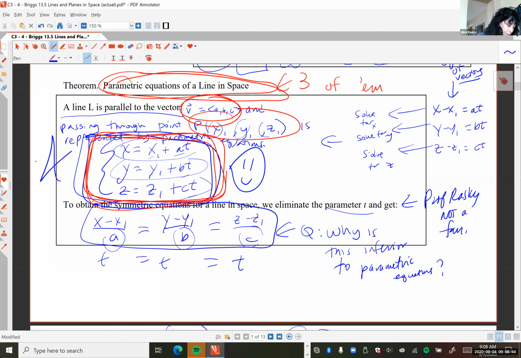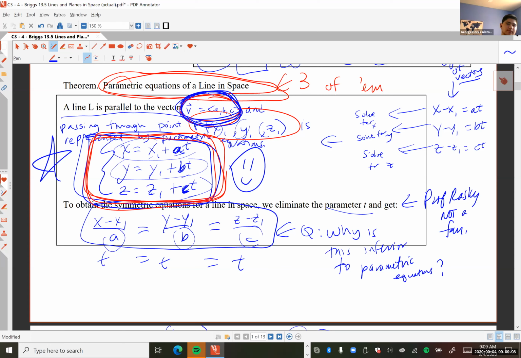So remember this, the parametric equations for a line in space? Can you see my screen okay? You recall that the direction vector, which has components A, B, C, ends up being the coefficients of the parameter t in those parametric equations.